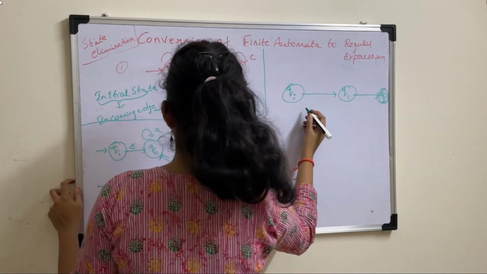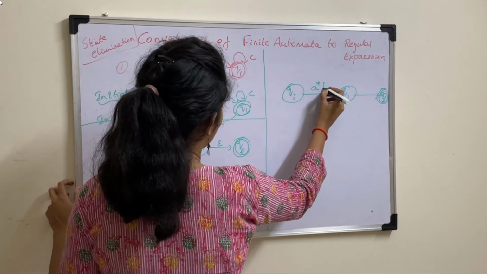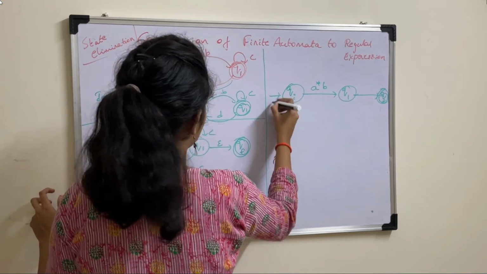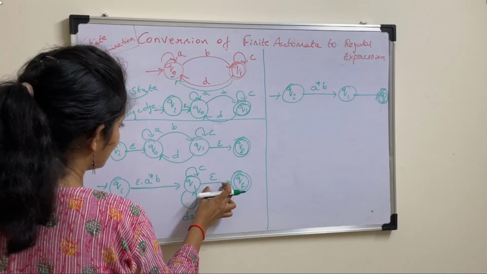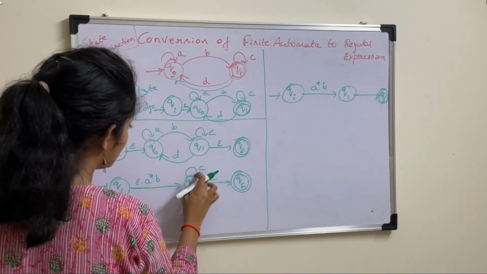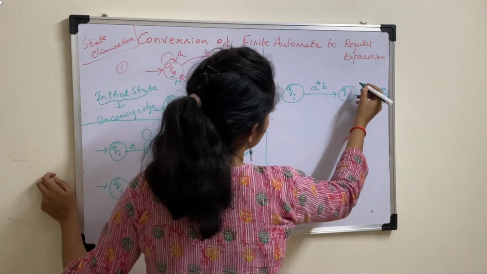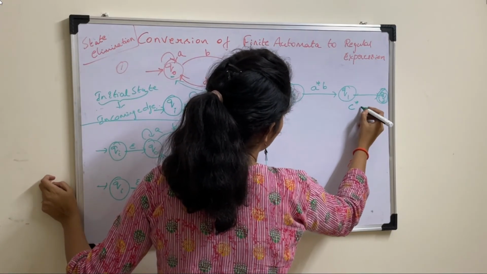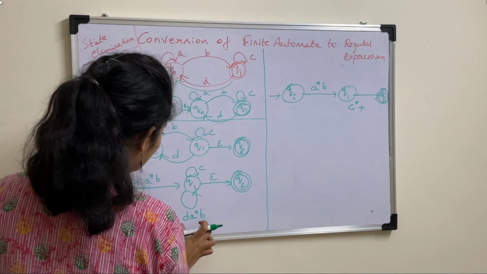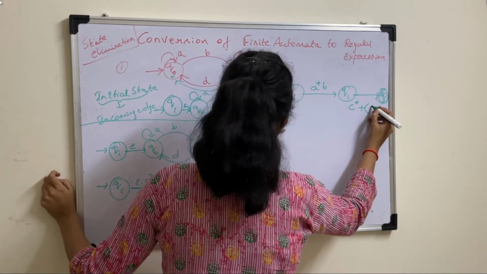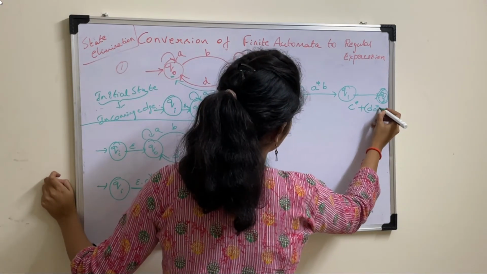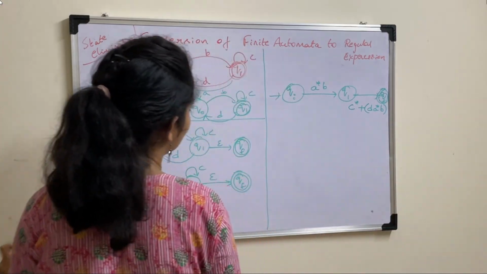So epsilon into A star B is A star B. Then D A star B. So it should contain C star plus, keep it like this, D A star B.